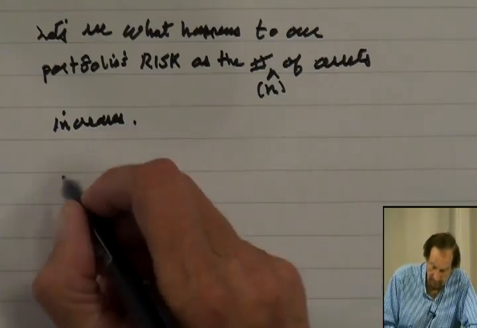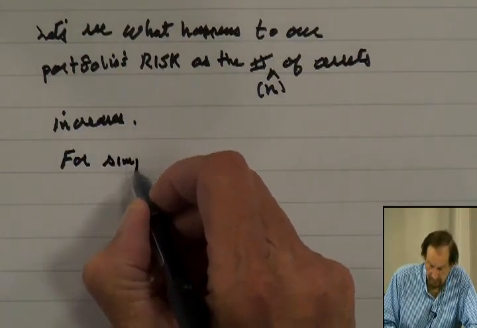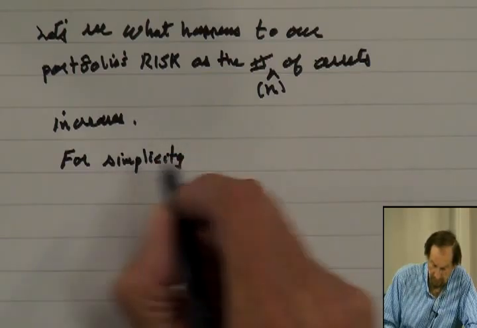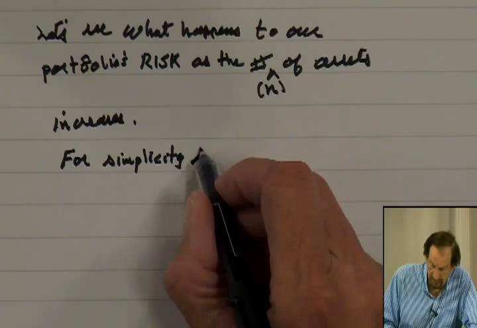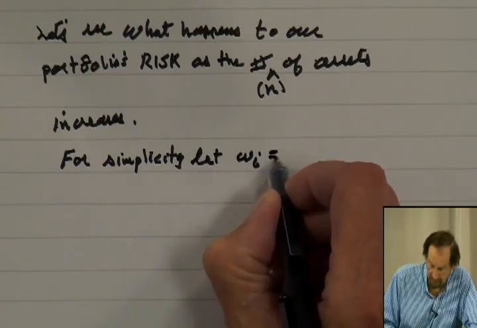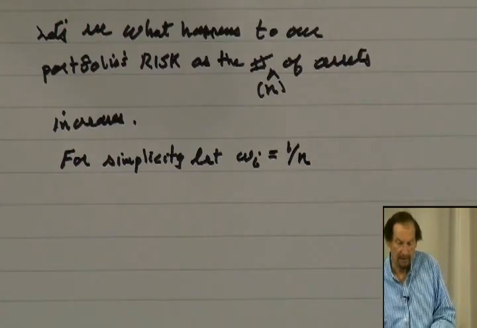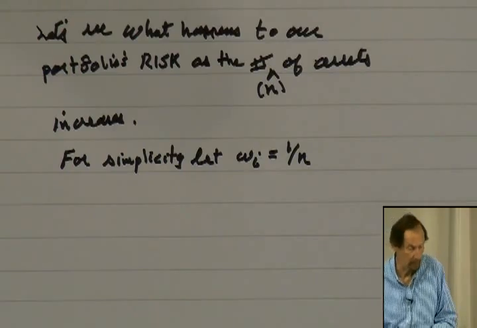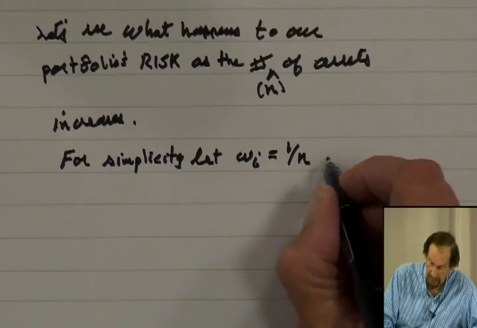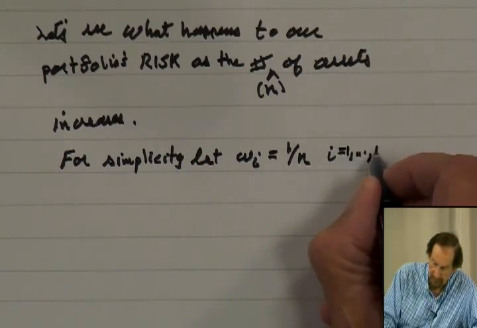For simplicity, let w_i equal 1 over n, so all assets are equally weighted in our portfolio. This is i equals 1 to n.